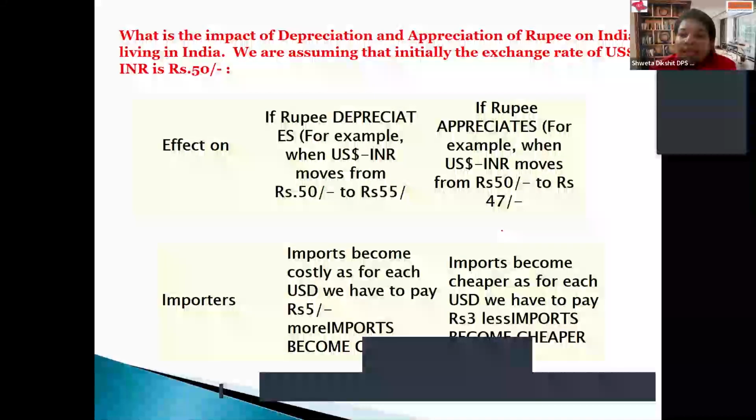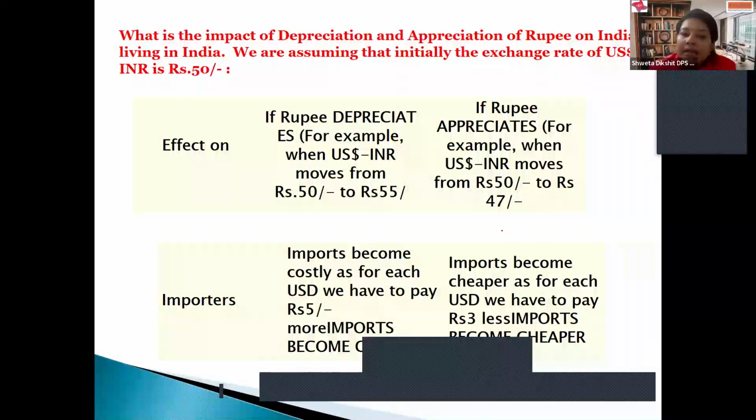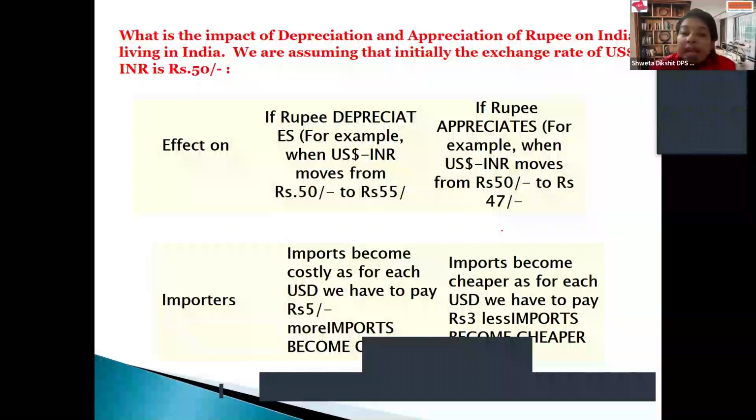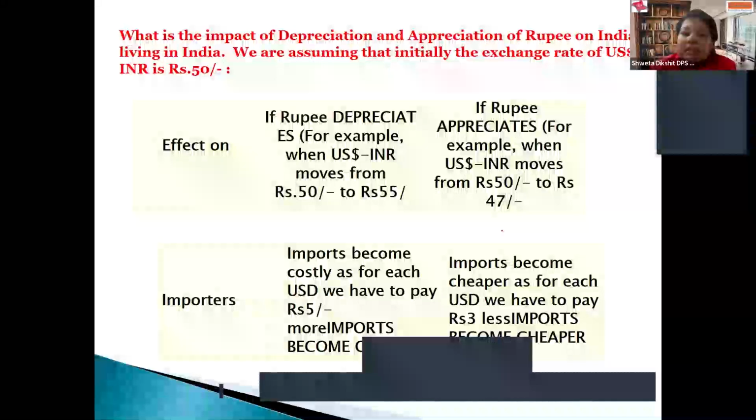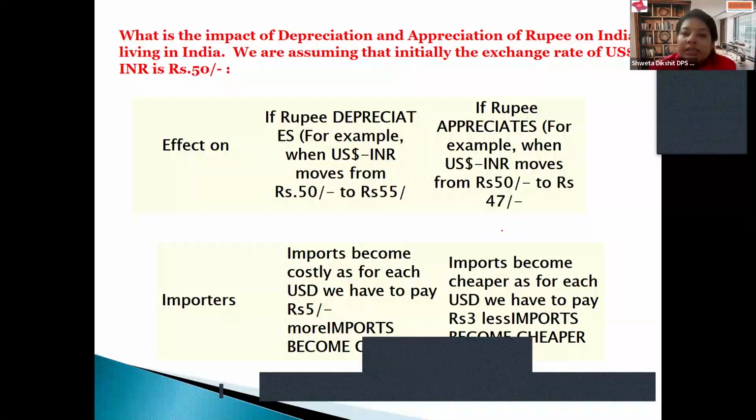This means the purchasing capacity of a foreigner becomes higher when their currency is appreciated and ours is depreciated. So they will be investing more in our country. When our currency is depreciated, the things become cheaper for the rest of the world. So they will be buying more from India. So our export is also increased.